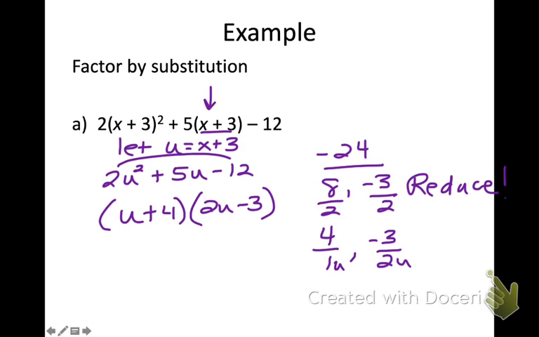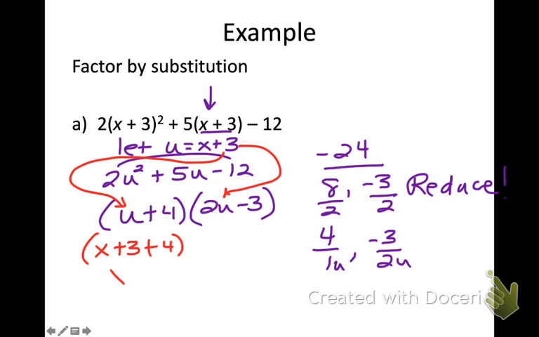But I'm not done, because we substituted x plus 3 in place of U. So now I'm going to put that x plus 3 in place of U there and here. We said before that U was really x plus 3. Now I'm going to bring down that plus 4, so that simplifies to x plus 7.